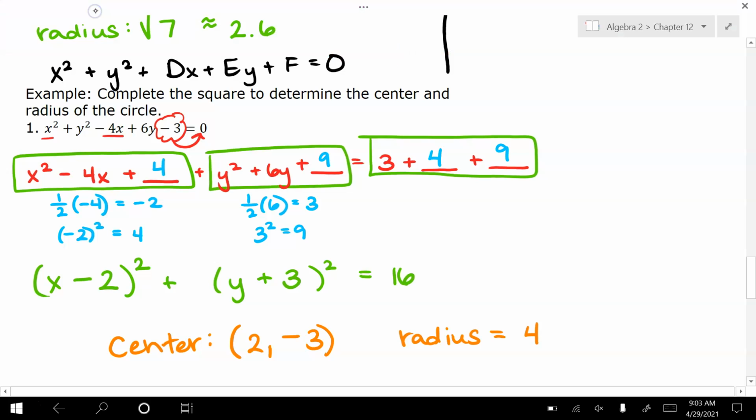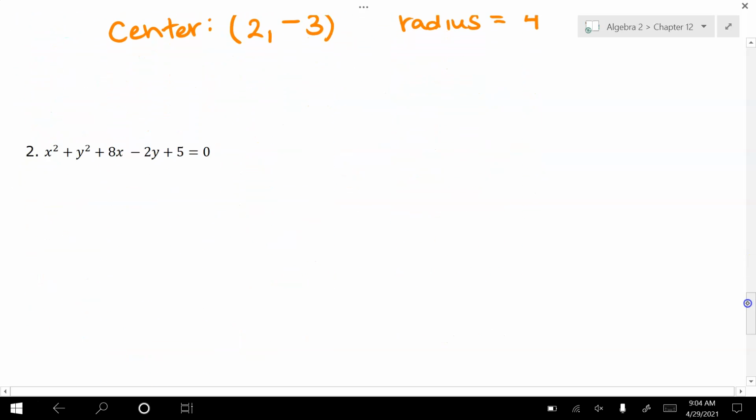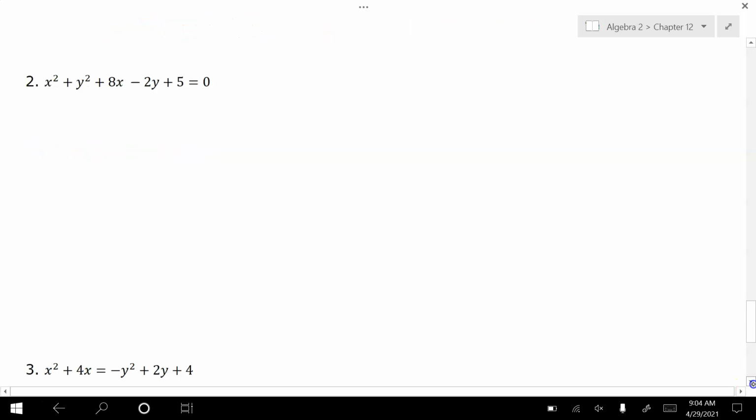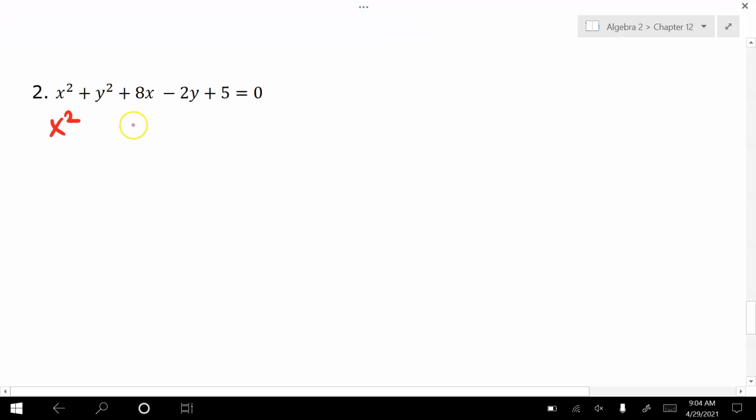Let's do one more of these together here. So I start by rewriting this. So x squared minus 2y, and then draw in your first blank. Now do your y's.